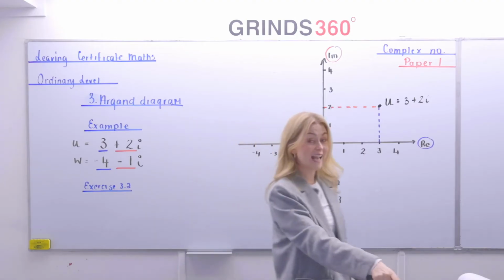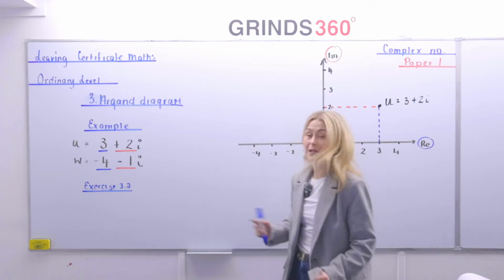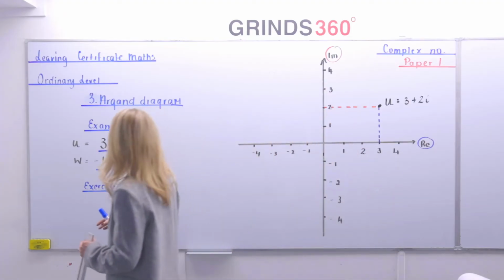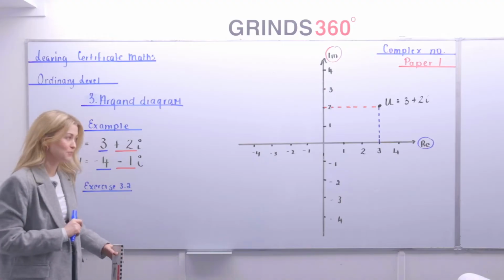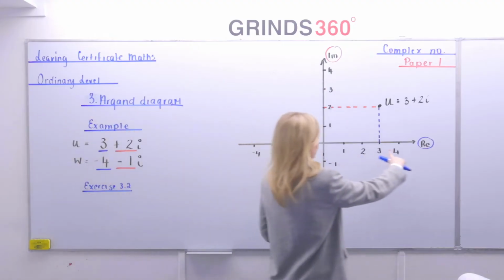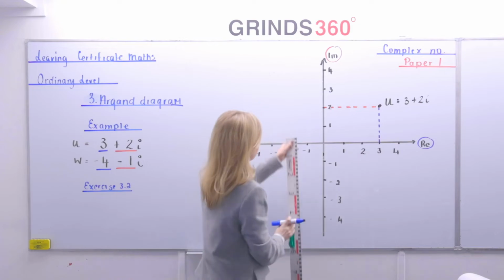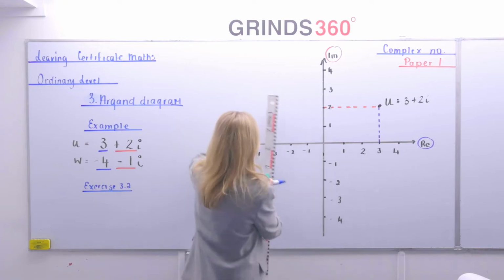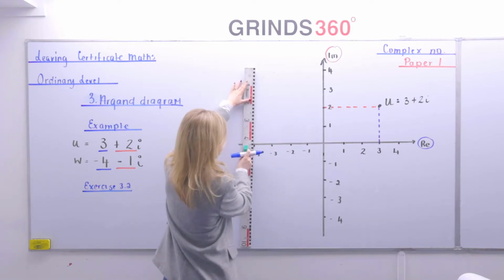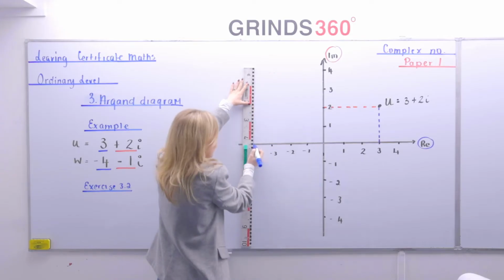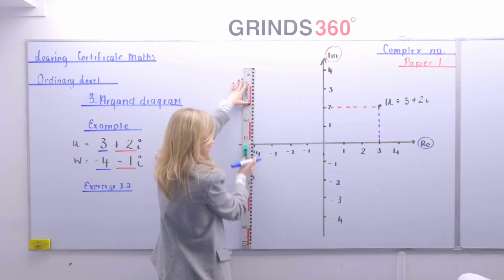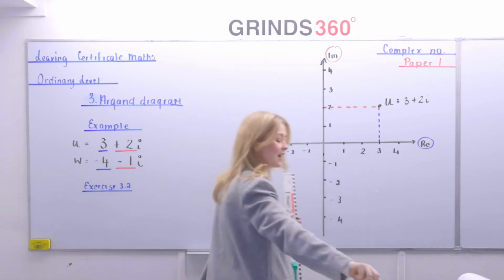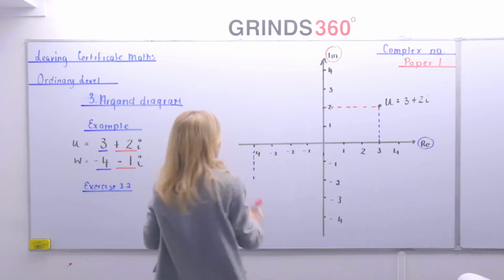Let's take my second example here. A little bit different because a lot of negative numbers. We have minus 4 on my real and minus 1 on my imaginary. So let's start with my real. Let's go to minus 4 on the real. That's everywhere here. Again, it's the whole way along, but I have a fair idea that I'm going to be working down here. And let's go as far as minus 1 on my imaginary.